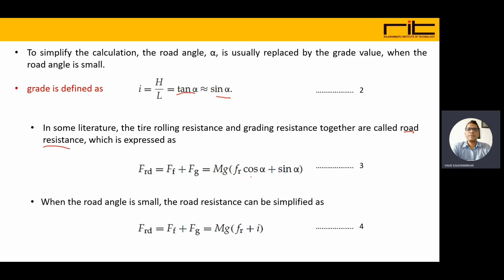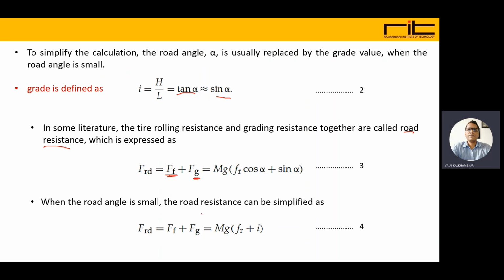So it is mg fr cos alpha plus sin alpha. These two components are the rolling resistance and grading resistance, or the rolling force and grading force. Now these values are kept here, and you can get one as mg sin alpha and another as mg fr cos alpha.